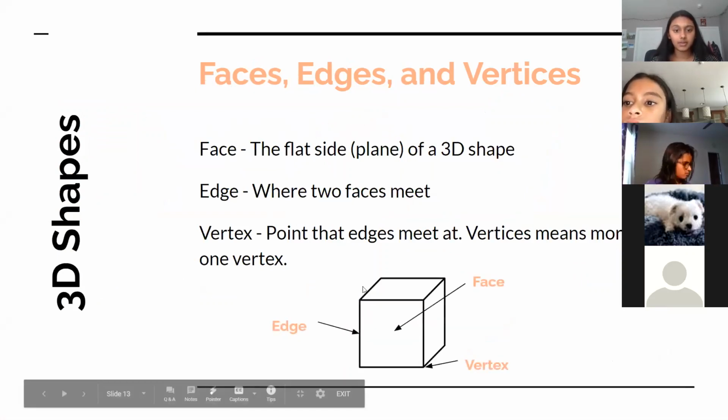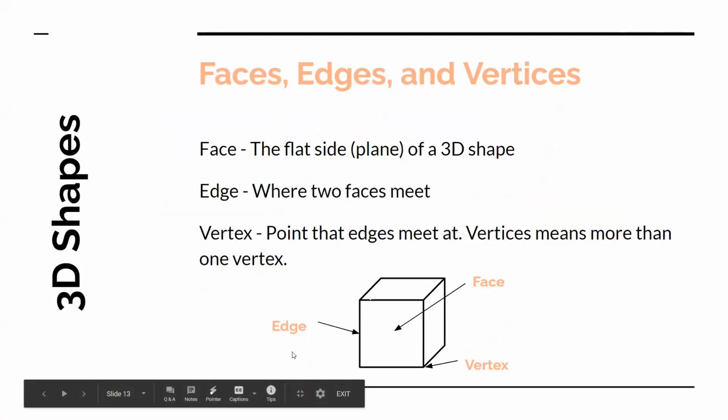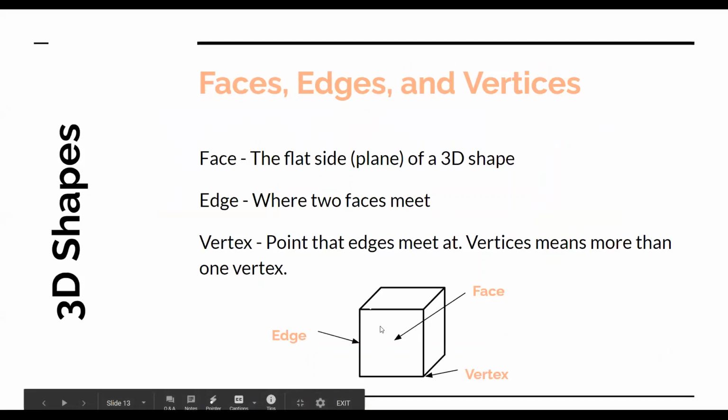Now, the parts of a 3D shape are right here. So we have the face, which is the same thing as our 2D. And then we have edges, which are, instead of sides, we say edges now. And then vertex, which is instead of corners, we say vertex. So our edges are where two faces meet.